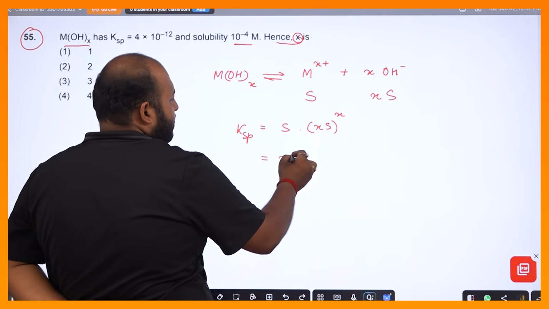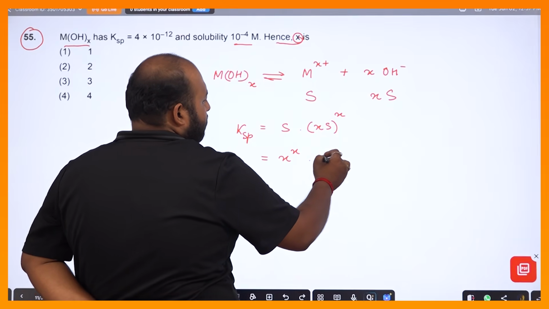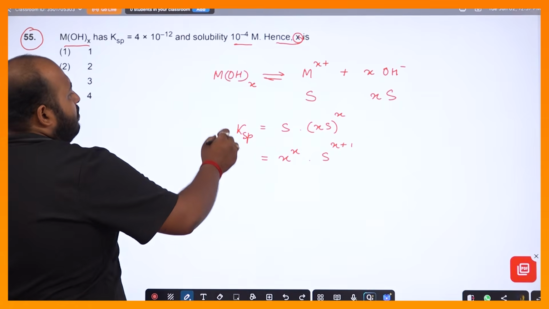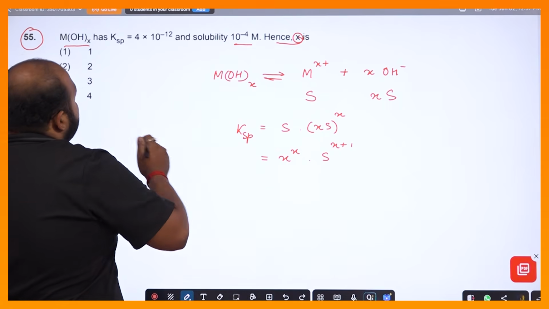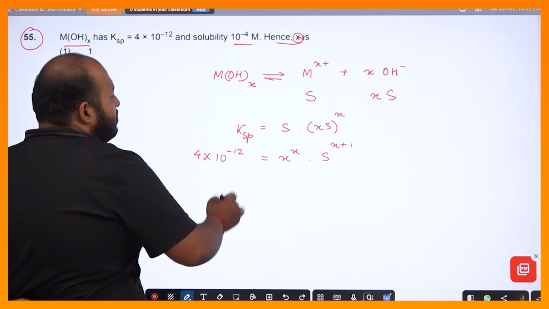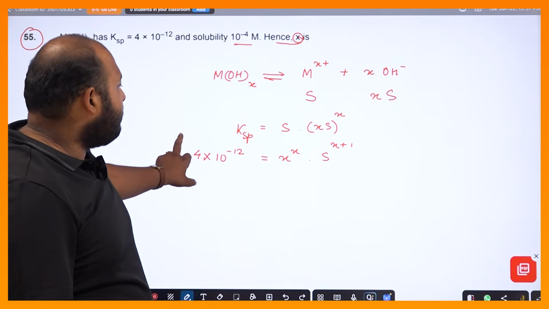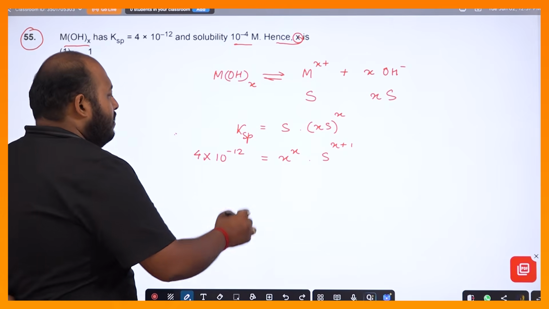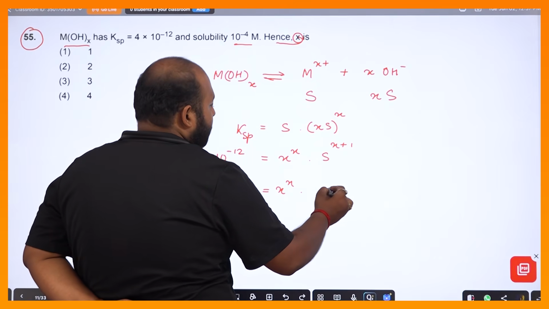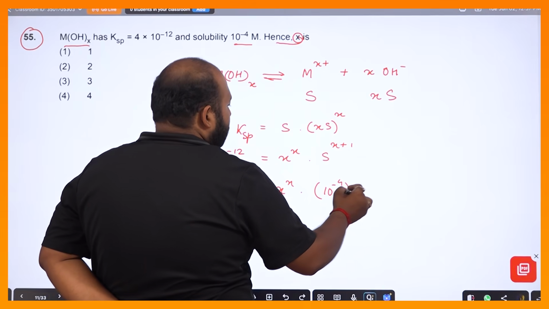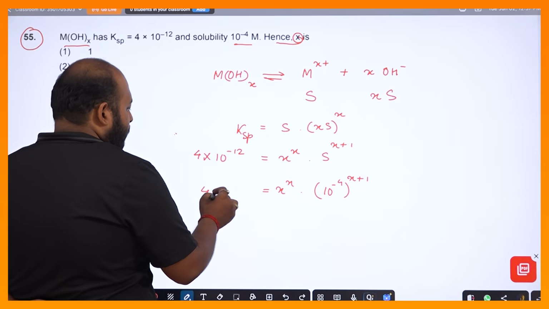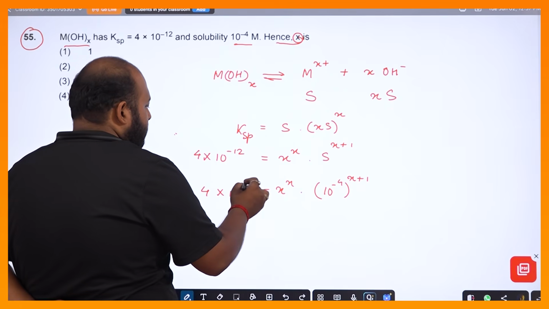So it will be x to the power x into S to the power x plus 1. The solubility product value is given as 4 into 10 to the power minus 12, and this solubility value is given as 10 to the power minus 4 to the power x plus 1, 4 into 10 to the power minus 12.